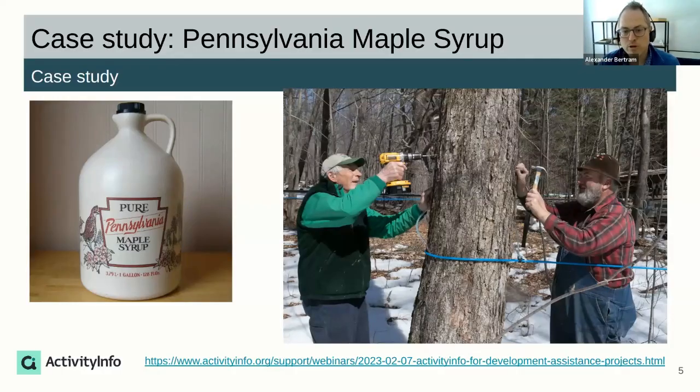And we will be looking at how to improve maple syrup yields among farmers in Pennsylvania. So this database, you can also find the webinar that we did on that previously.